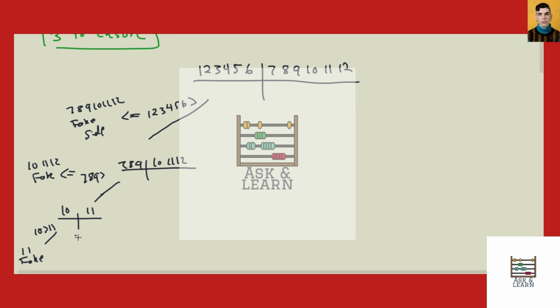Now this is where our third decision of it being equal comes in. If 10 is equal to 11, then 12 is our fake. And lastly, if 11 is larger than 10, then 10 is going to be our fake. So you can see this is pretty much the algorithm you would do.